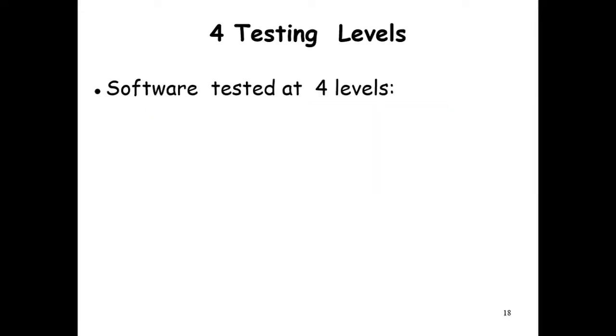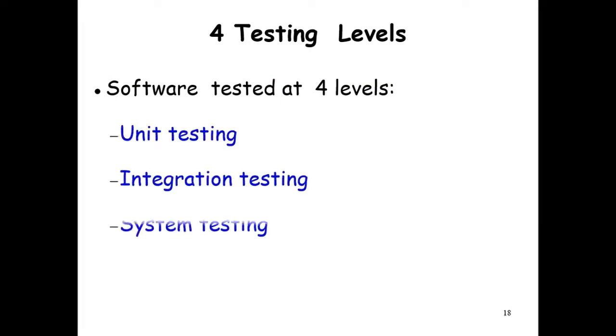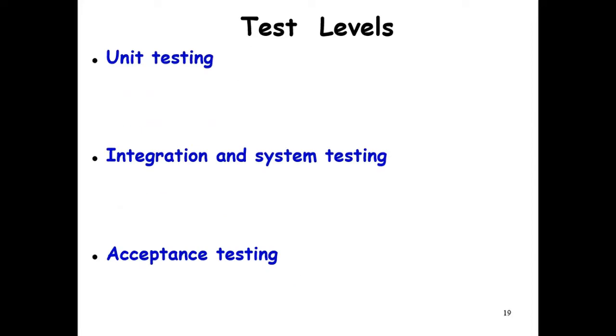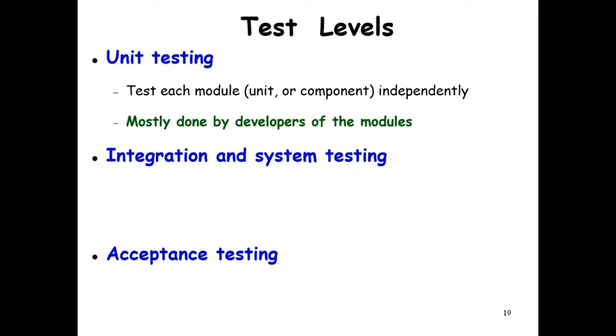Now moving to the testing levels, there are generally four testing levels. One is unit testing, second is integration, then comes system testing, and then regression testing. Unit testing is generally done by the developer. When developing software, it is generally done module-wise.